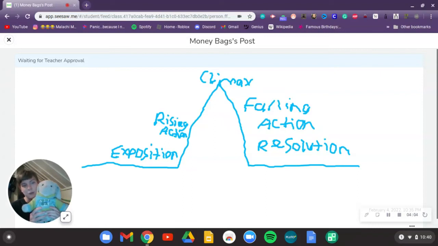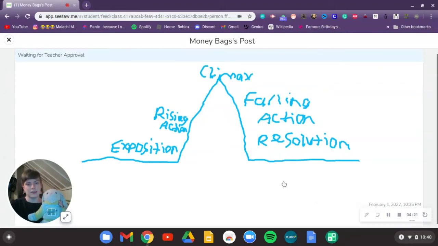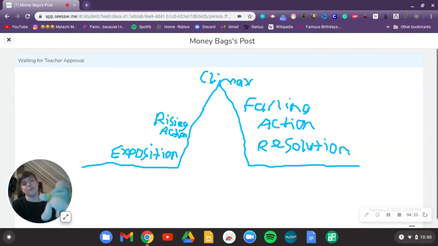Yes, the resolution is where the problem is no longer there. Well, not necessarily, but I don't know what I'm saying anymore. Right, it's when the problem is basically solved. Sometimes it introduces another problem that leads into another story.